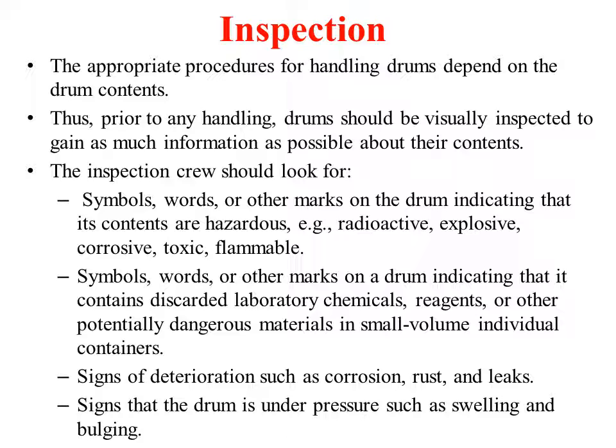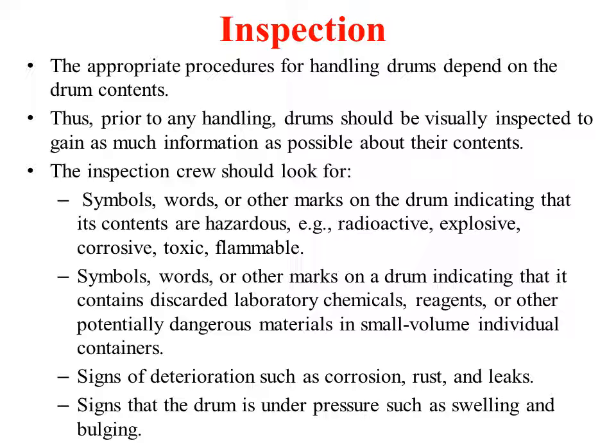Before handling any drums, they should be visually inspected so as to gain as much information as possible about their content. The inspection crew should look for symbols, words, or other marks on the drum indicating its contents are hazardous, whether it is of radioactive, explosive, corrosive, toxic or inflammable nature.